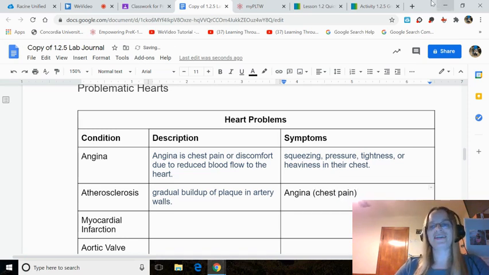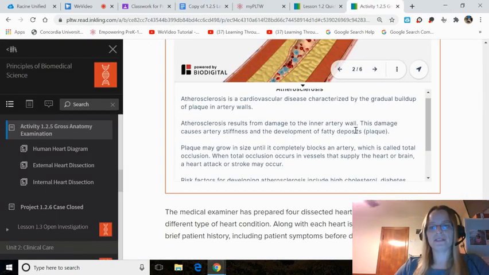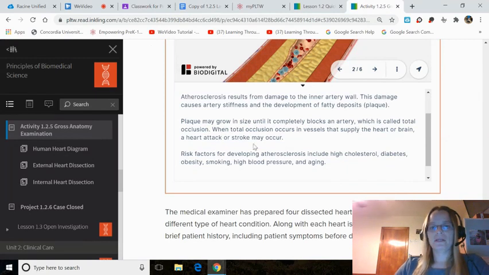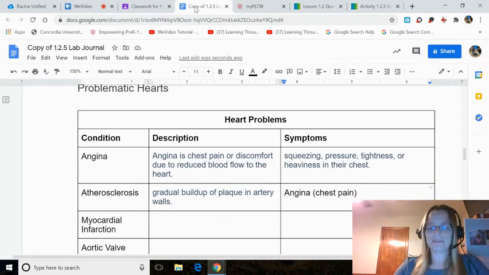Let's see if it lists any others. Damage can cause stiffness. Total occlusion. Plaque can grow in size until it blocks an artery. Heart attack or stroke. I suppose we could put those as symptoms, although those seem like bigger problems.